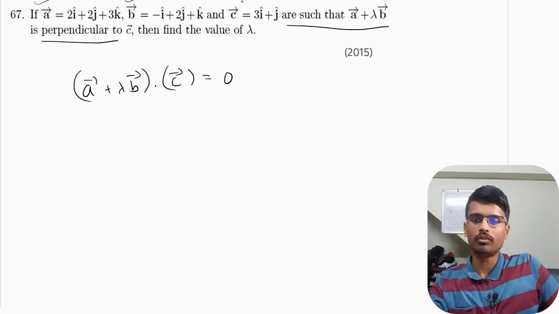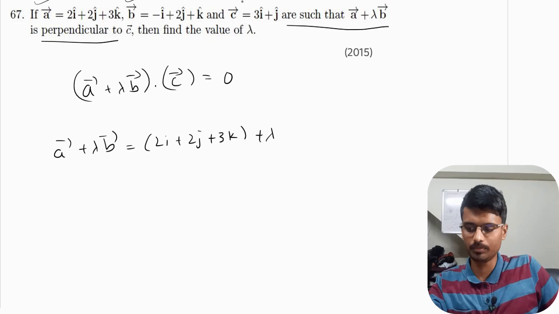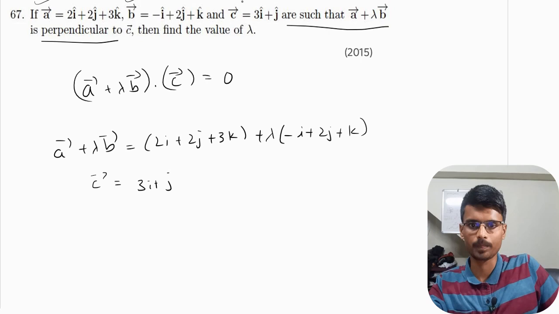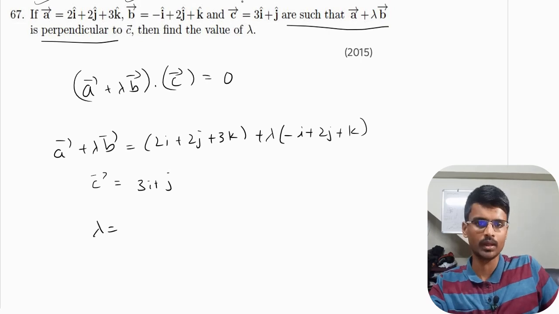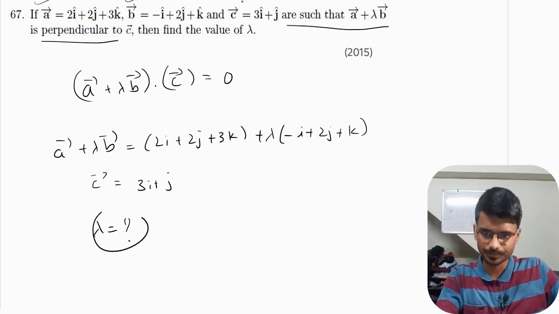First find A plus lambda B, which is vector A plus lambda times vector B, and your C vector is 3i plus j. Find the dot product and you will get the value of lambda. Find that and tell me in the comment section, or we'll do this question.